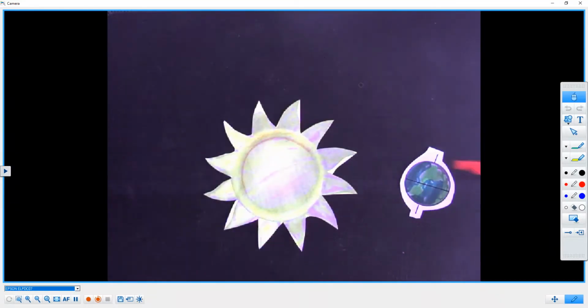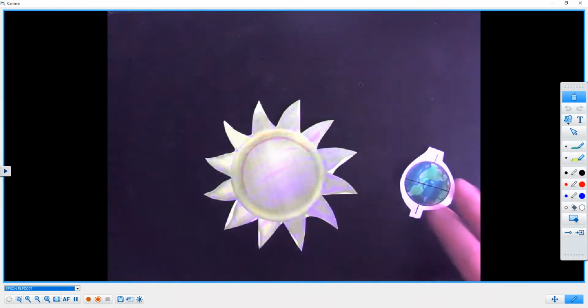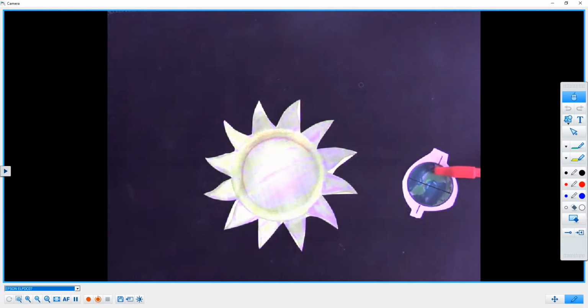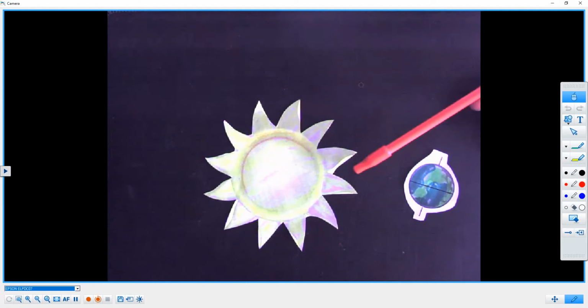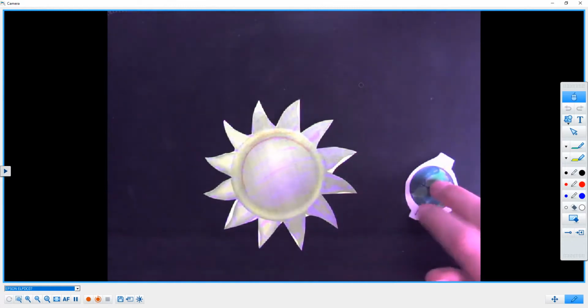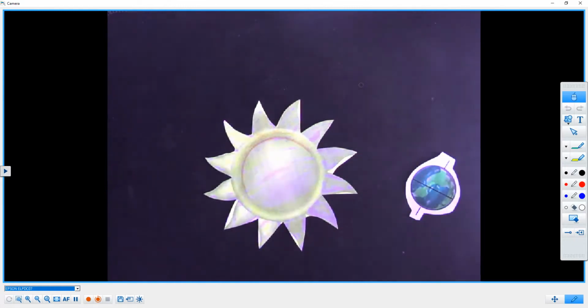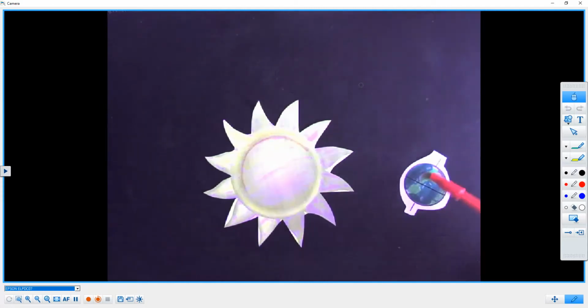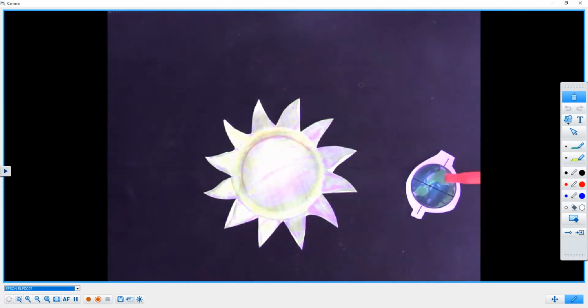So when Earth is in this position, the northern half is in the winter season, because if you can notice, the Earth is tilted away from the sun in the northern hemisphere. So because the northern hemisphere is tilted away from the sun, it is experiencing winter.